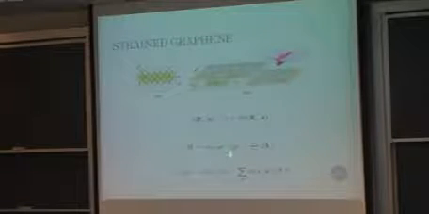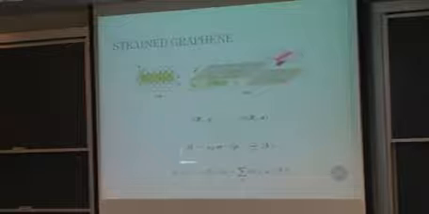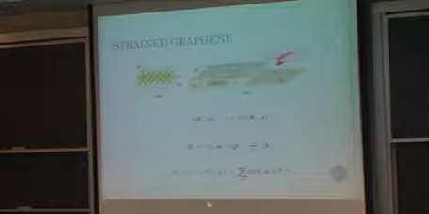So in a sense, the Hamiltonian of the system becomes the Hamiltonian of the electrons in a magnetic field. But it's not an external magnetic field. It's a magnetic field that arises because of the deformation of the graphene sheet locally, or because of the strain fields.